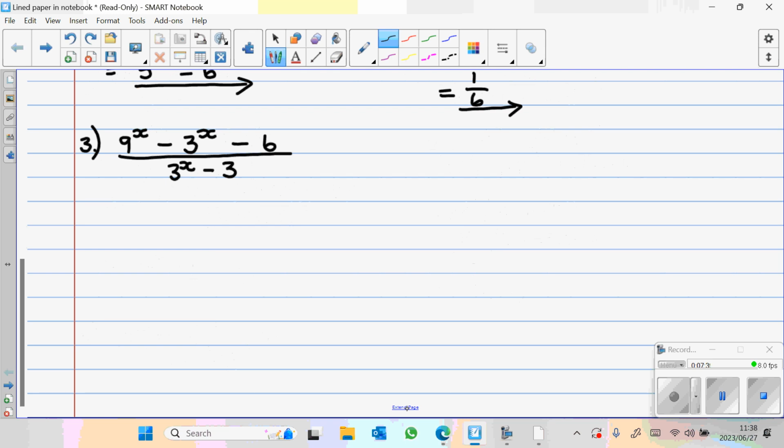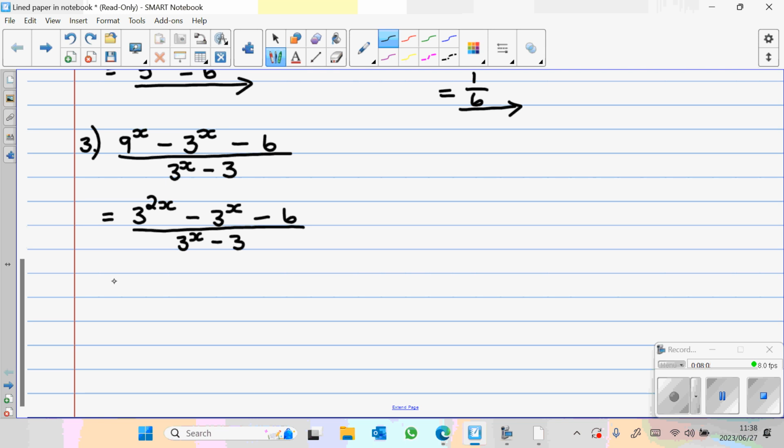There's 3 terms which would make it a trinomial. So the first thing I'm going to do is change the 9 to 3 to the power 2x minus 3 to the power x minus 6. And now it means I have to factorize that trinomial.